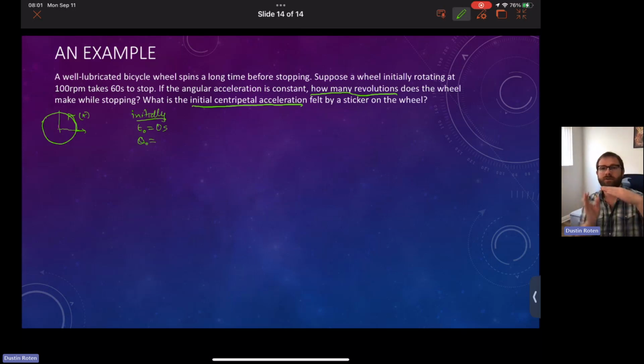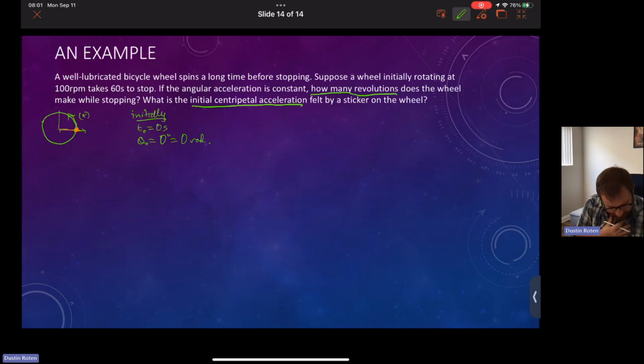We also get to decide how we want to identify an origin here. And I'm going to say my origin point is right here. And I'll define that as 0 degrees. So I know that my initial angle is going to be 0 degrees or 0 radians.